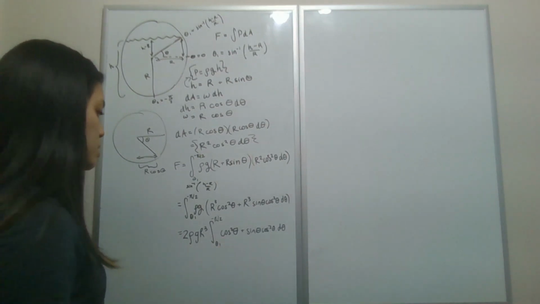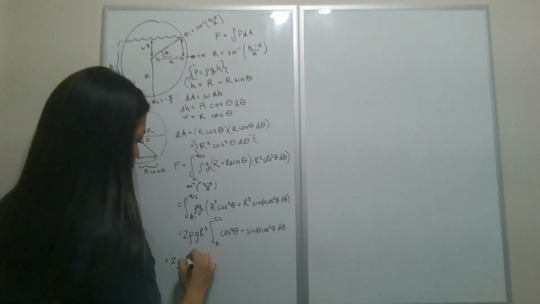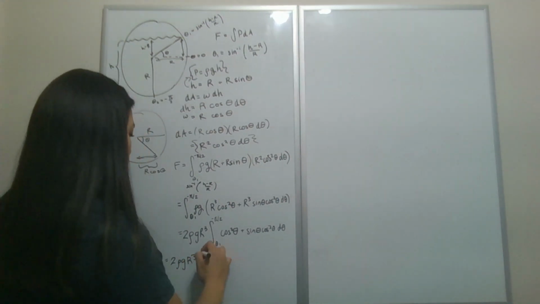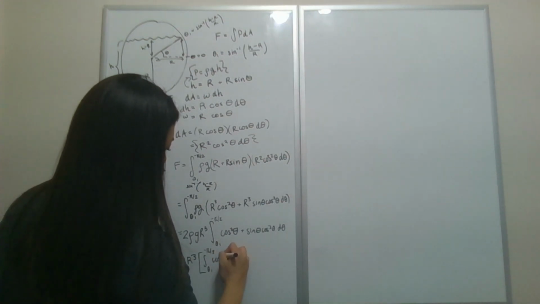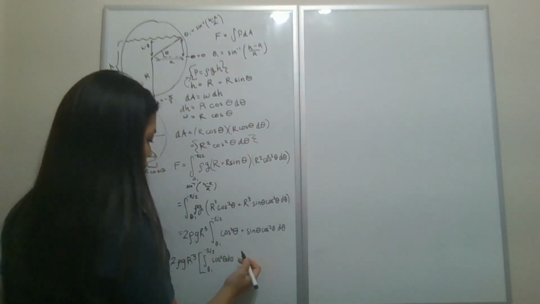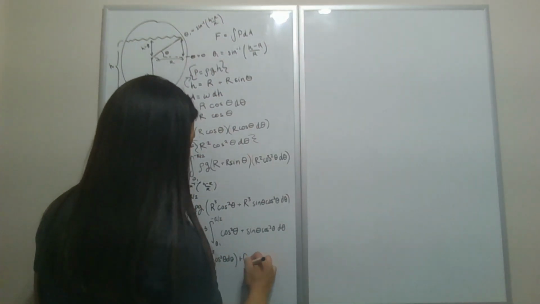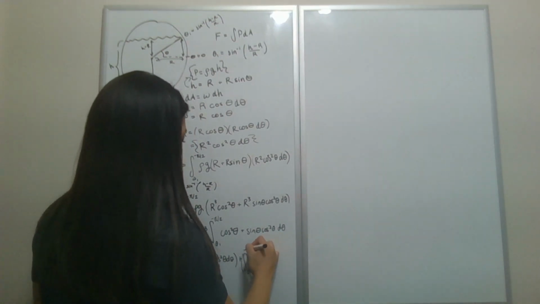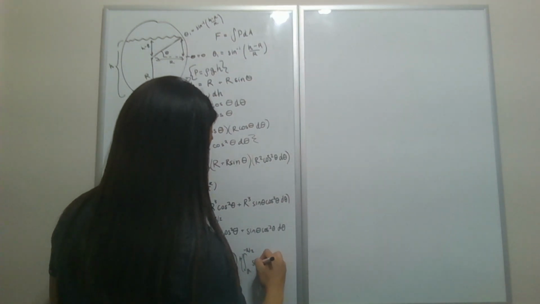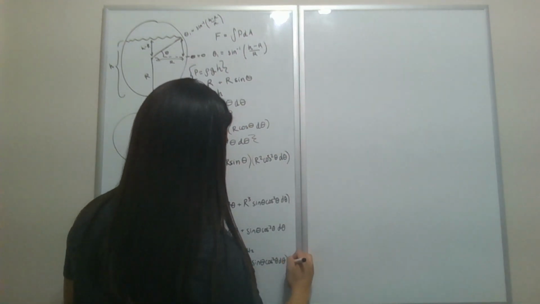And we can actually separate these two integrals, and so we'll have 2 times the density times the gravitational acceleration times the radius cubed times the quantity of the first integral, which is the integral from theta 1 to negative pi over 2 of cosine squared theta d theta, plus the integral from theta 1 to negative pi over 2 of sine theta cosine squared theta d theta.